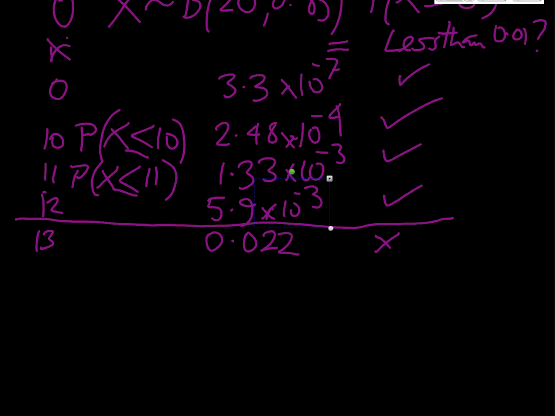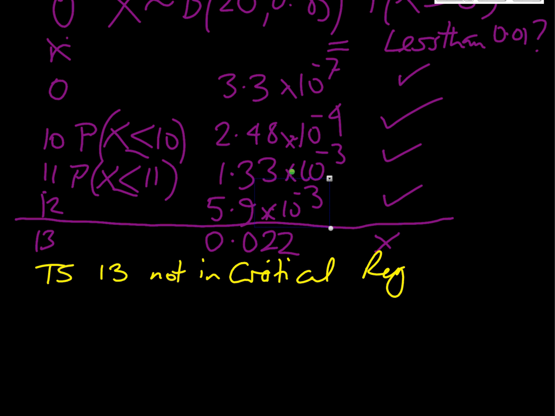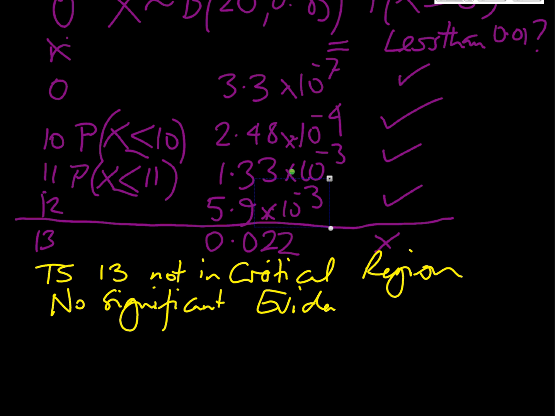So in summarizing that, we have our test statistic of 13, not in the critical region. So what are we saying? We're saying there's no significant evidence, because we're always comparing to reject H0.